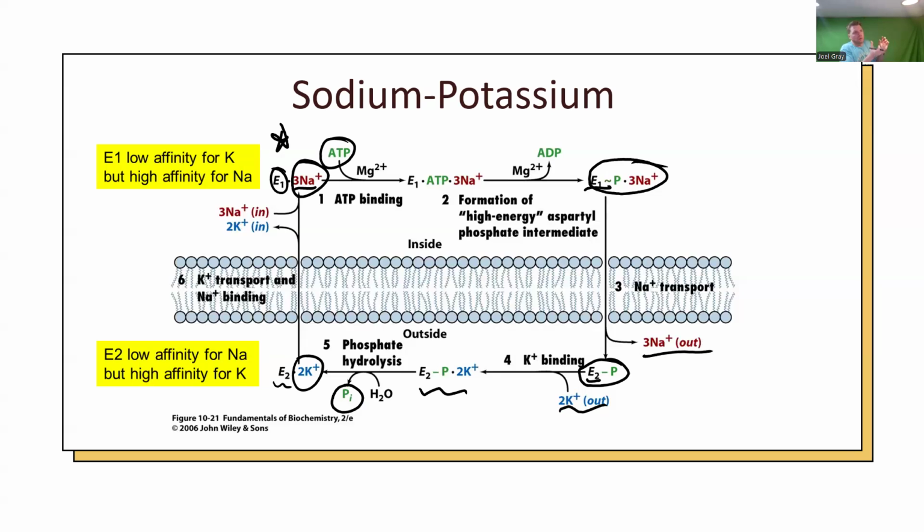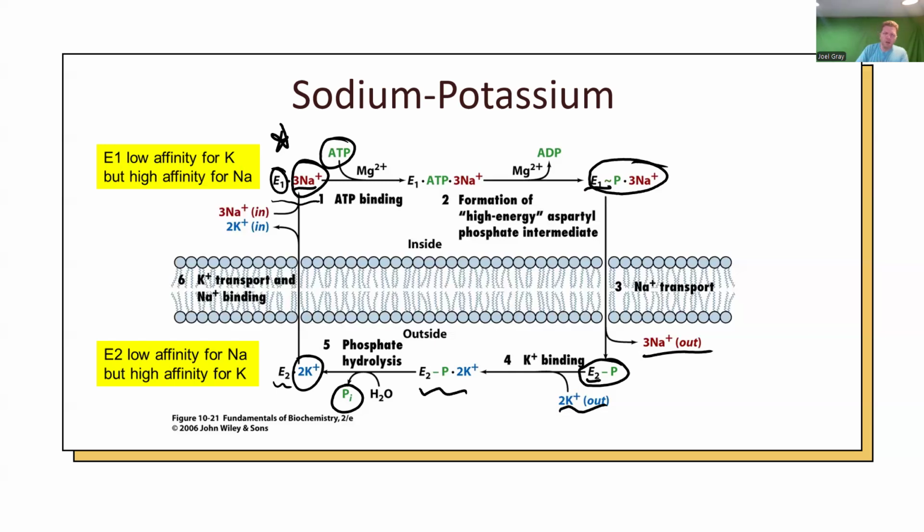It undergoes an inversion or a change in structure so that it can release the two potassium ions on the interior of the cell, effectively neutralizing almost the charge difference that we acquired when we lost those three sodium ions. Now, E1 is our enzyme that is ready to go again. It's ready to bind three sodium ions, ATP, and so on, and go through this process all over again.